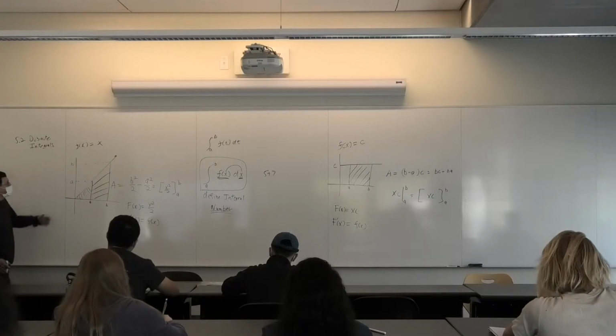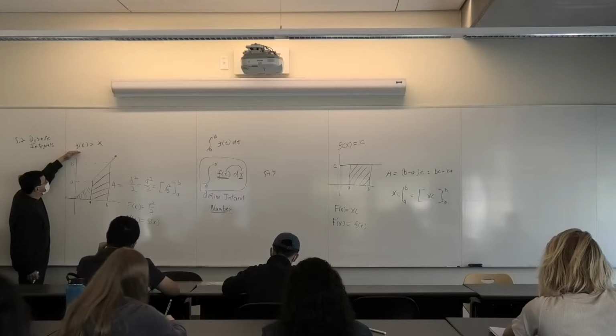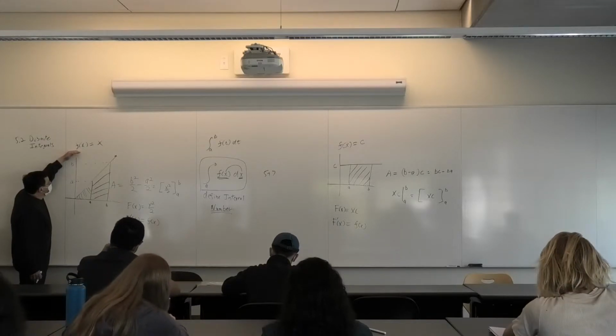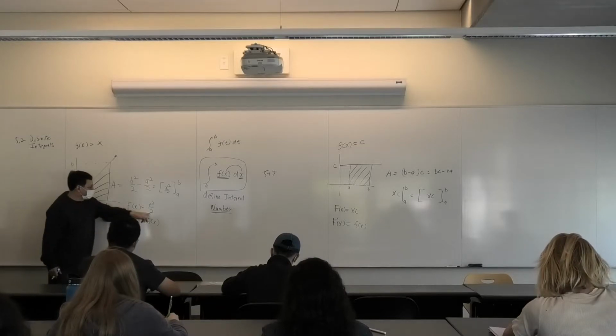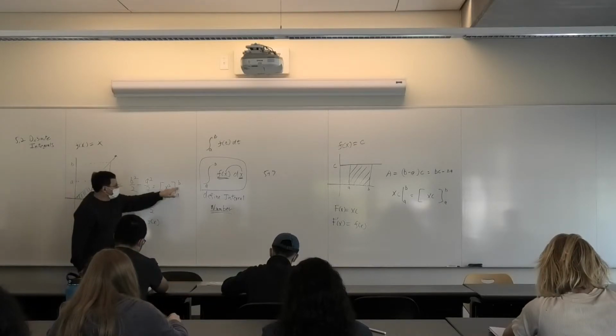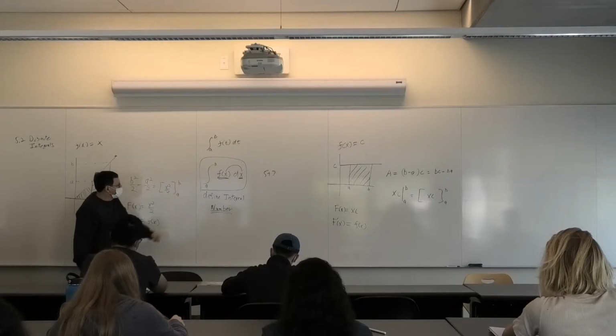Or again, in reverse, if I were to take this function, I want to find the area under it, I would find its antiderivative, x squared over 2, and evaluate it between A and B.